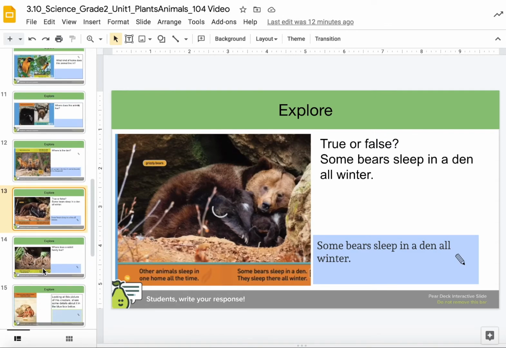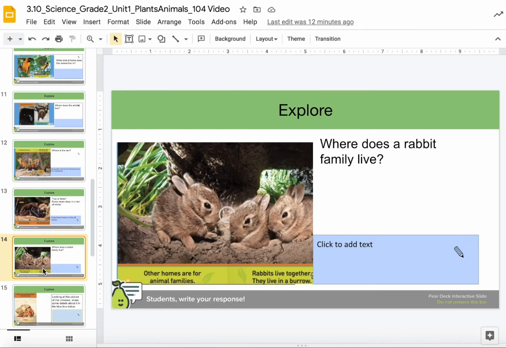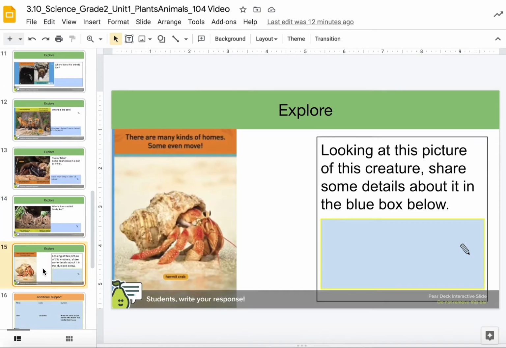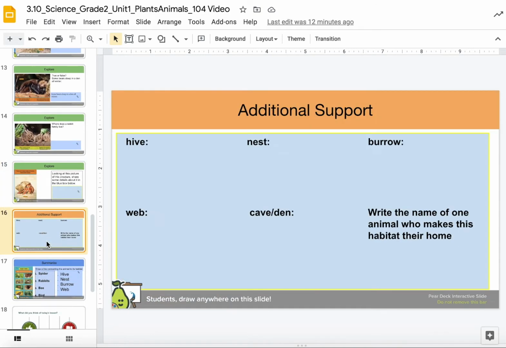Write your response. Where does a rabbit family live? Think, think, think, Science Explorers. Write your response. Looking at this picture of this creature, share some detail about it in the blue box below. Think, think, think, Science Explorers. Write your response.